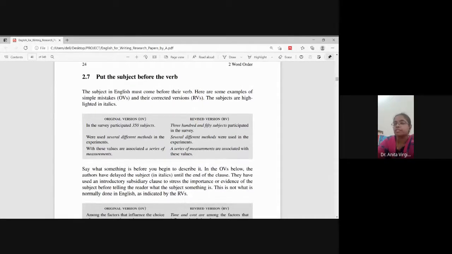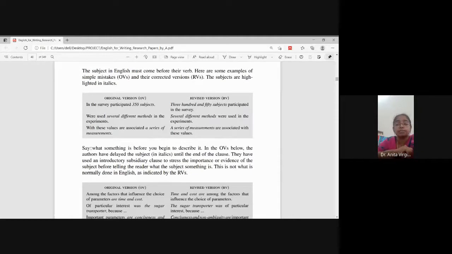So this is the subject, several different methods, and here is the verb, where used in the experiments. Got it? Okay. And we have seen that passive voice can be used in certain places if it is unavoidable.